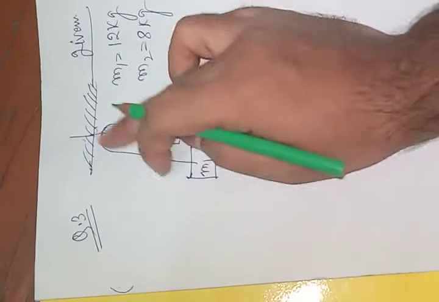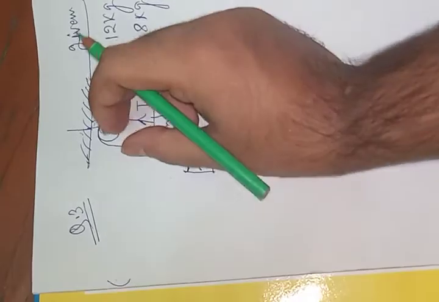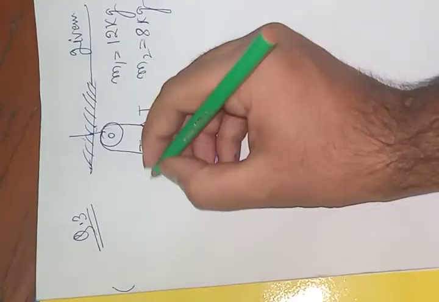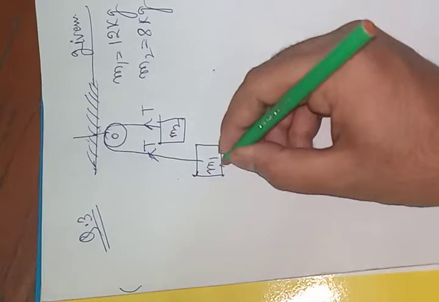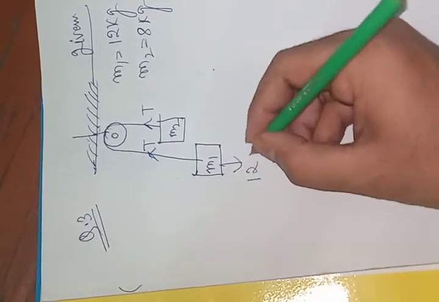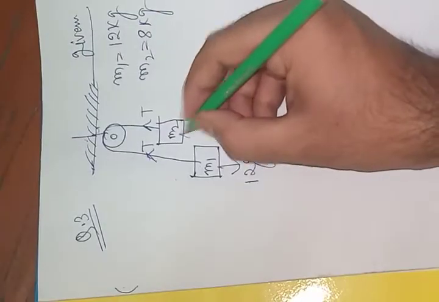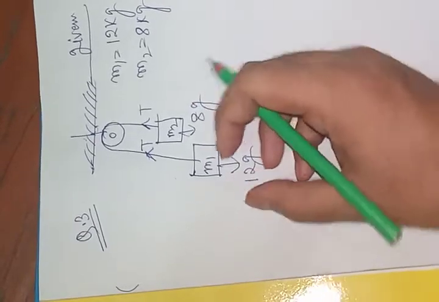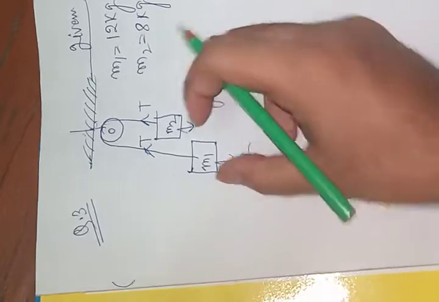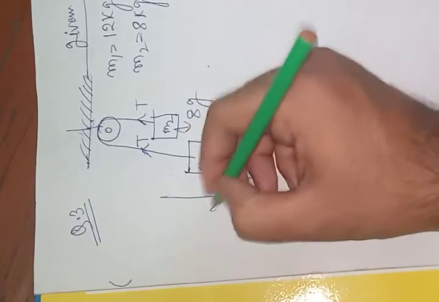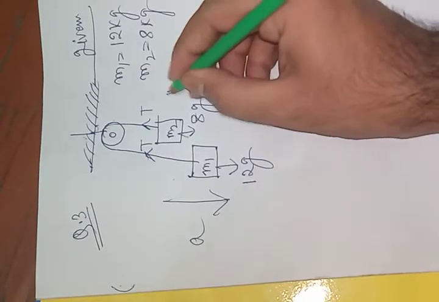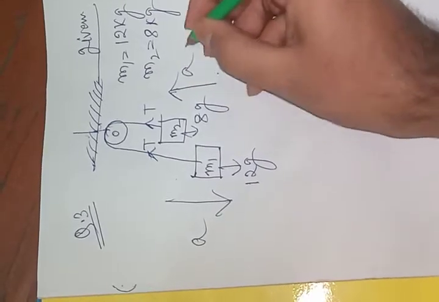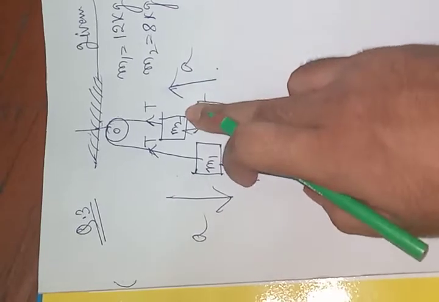Since the string is the same and the pulley is a fixed pulley, this side goes down with a force of 12g, and the other side has a downward force of 8g. Since 12g is greater than 8g, the m1 block will move downwards with acceleration a, and m2 will move up with acceleration a.